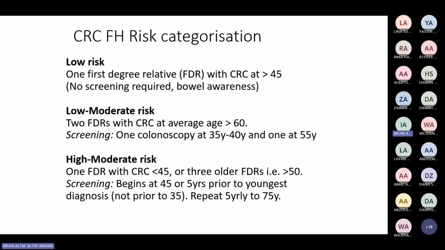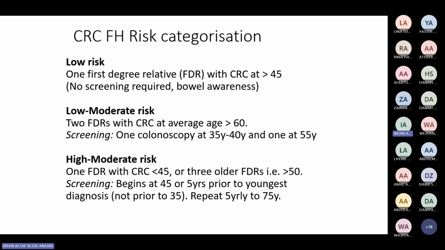Suppose a person has 2 first degree relatives with CRC, like brother, sister, father, mother, and it is more than 60 years of age, you need to have a colonoscopy for your patient. You might find some difference in the screening age in this lecture and the surgery lecture. Mine is from the recent references. Surgery has, I think, not changed it.